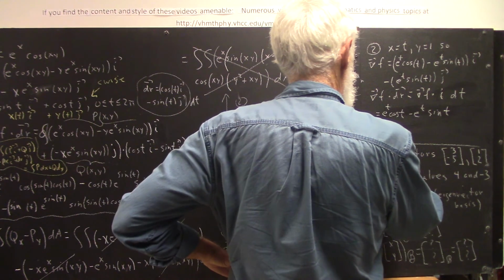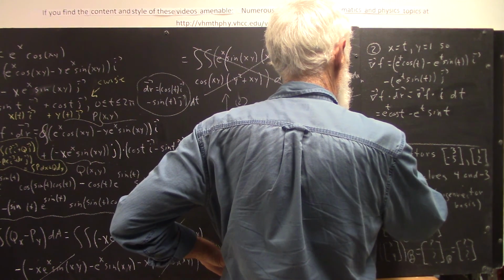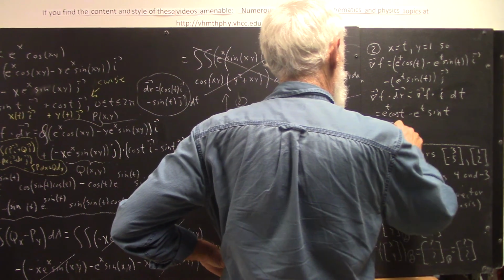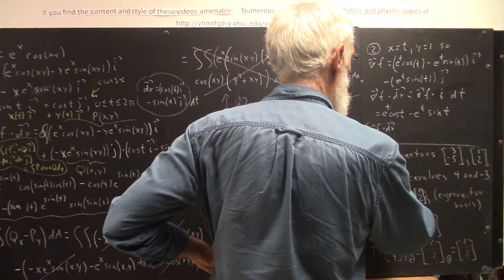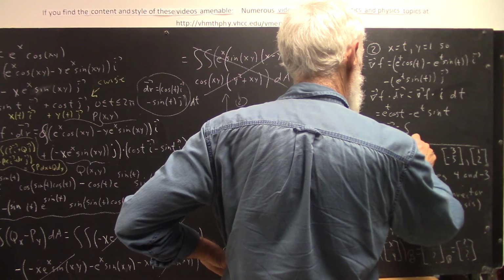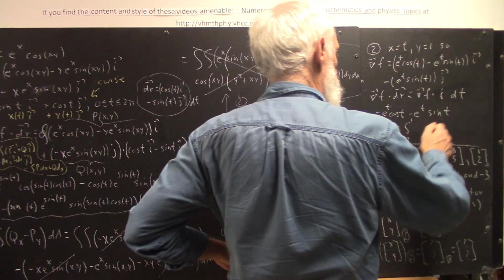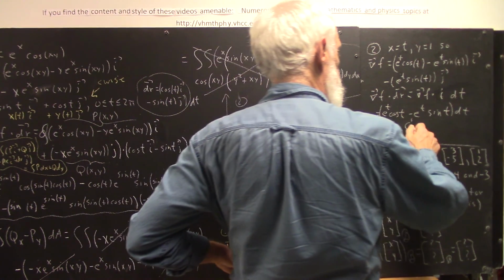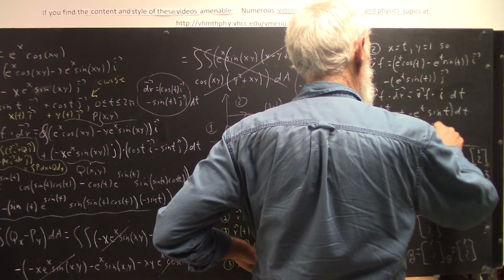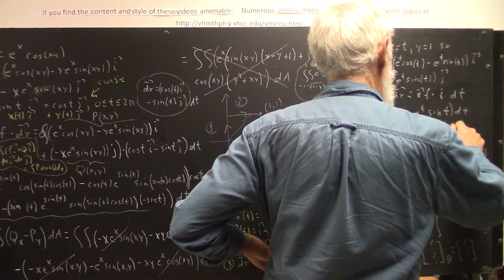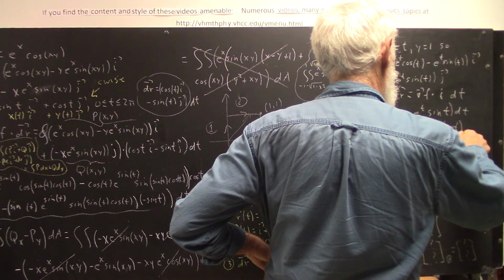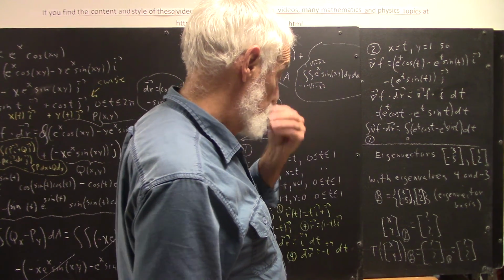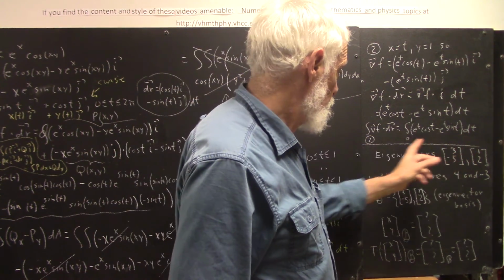So the integral of del f dot dr over path 2 will be the integral from t equals 0 to 1 of this expression, and I left off the dt here, still being careless: the integral of e to the t cosine t minus e to the t sine t dt. That's the integral over path 2.